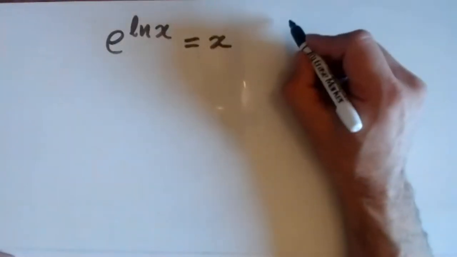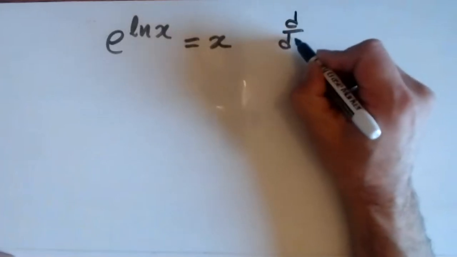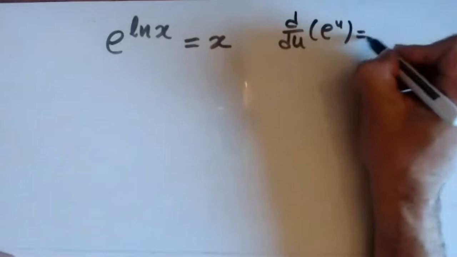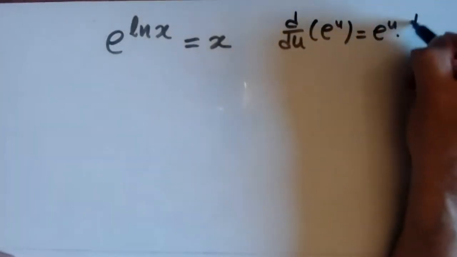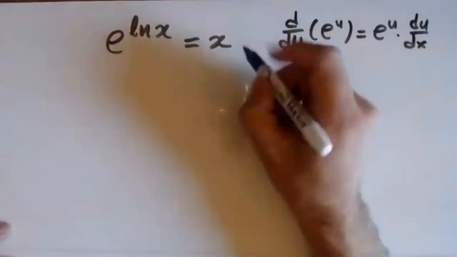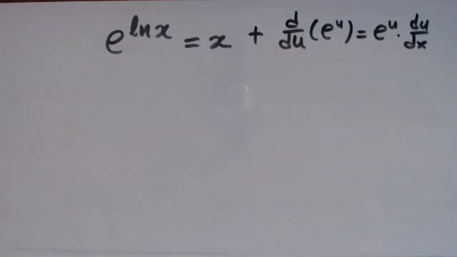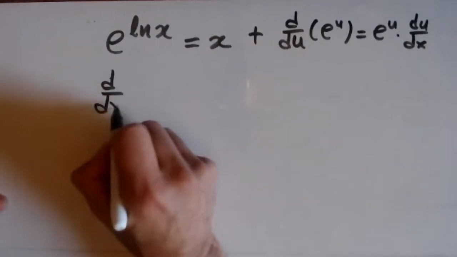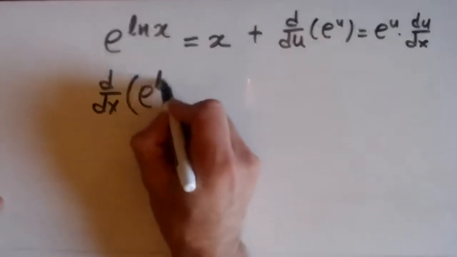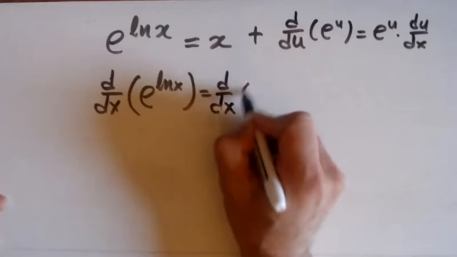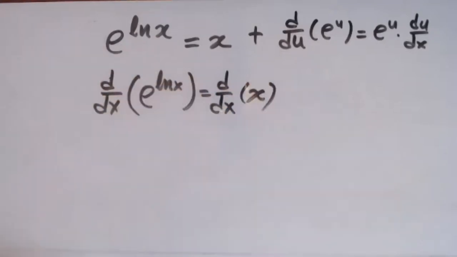And also we're going to use this: the derivative with respect to u of e to the u is e to the u times du dx. So this is something we're going to use. We're going to combine these two formulas and we're going to get what we need. So what I'm going to do is very simple. I'm going to take the derivative of both sides of e to the ln x equals x, so d dx of x, correct?